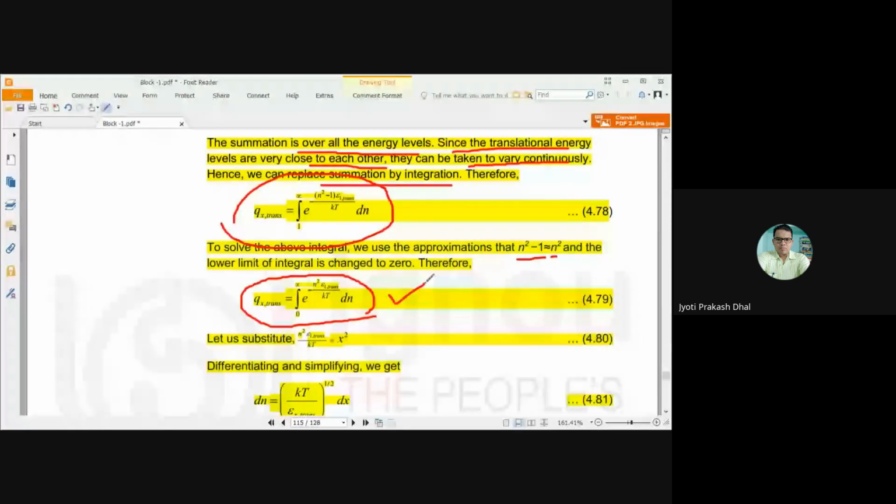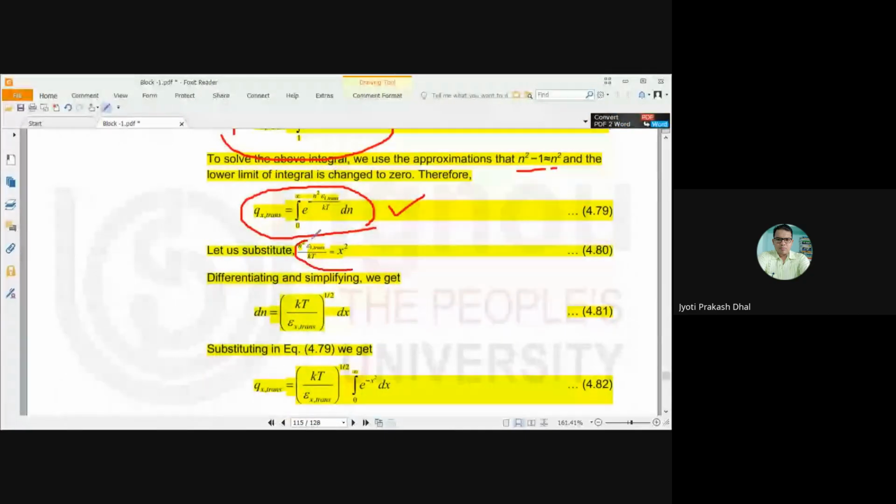Now let us substitute this value to be x square. That means in order to solve this integration, we should consider this value as x square.